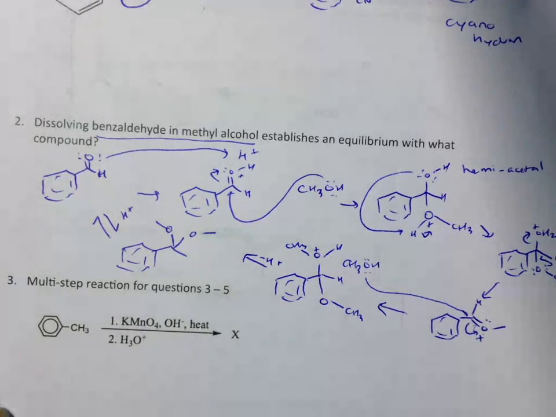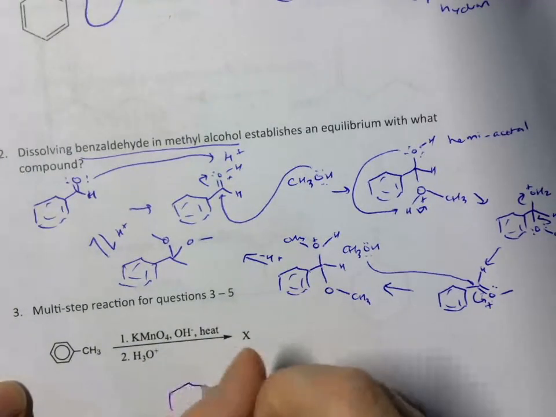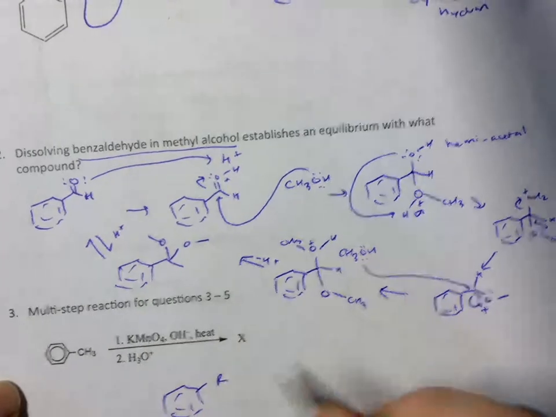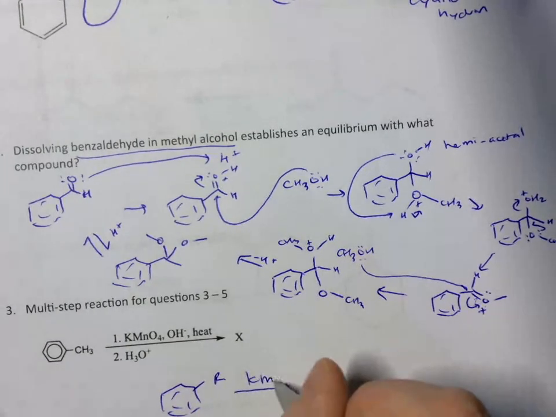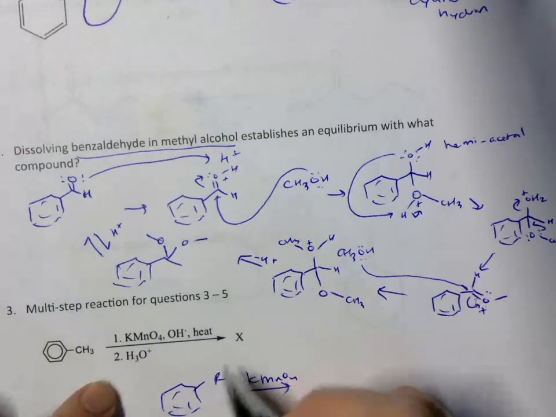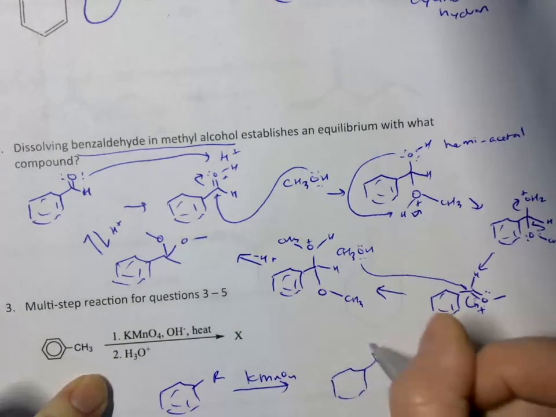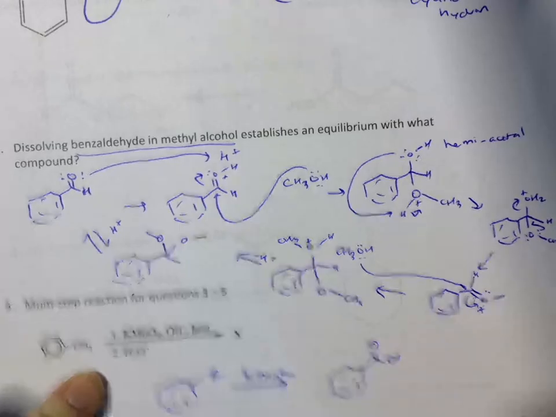Okay, this next one is a multi-step reaction. You did not have to do the mechanism for this first one. Any R group that's not tertiary with KMnO4 in these conditions, heat with base followed by an acid or water, will give you a carboxylic acid. Just chop that off. KMnO4 just wants to do whatever it can.